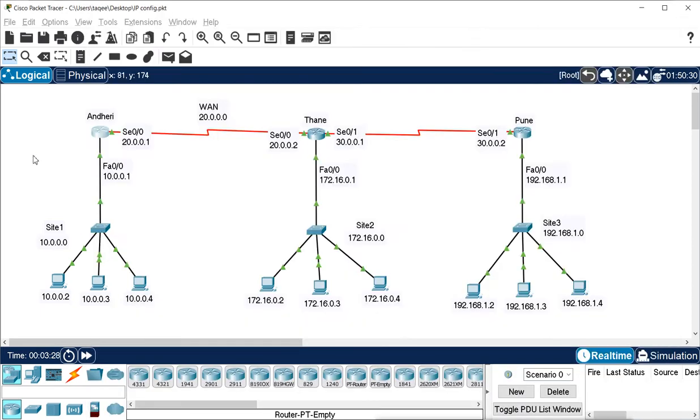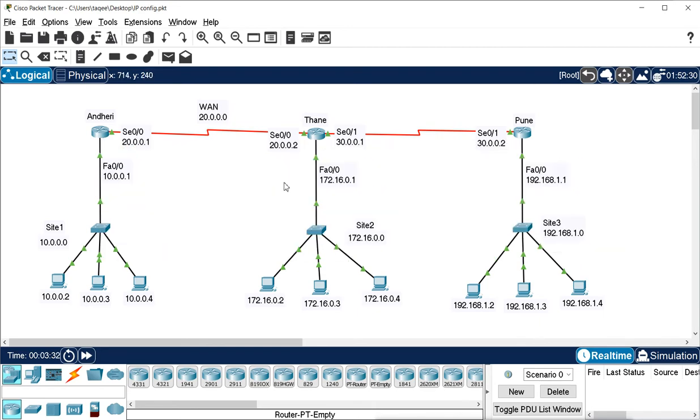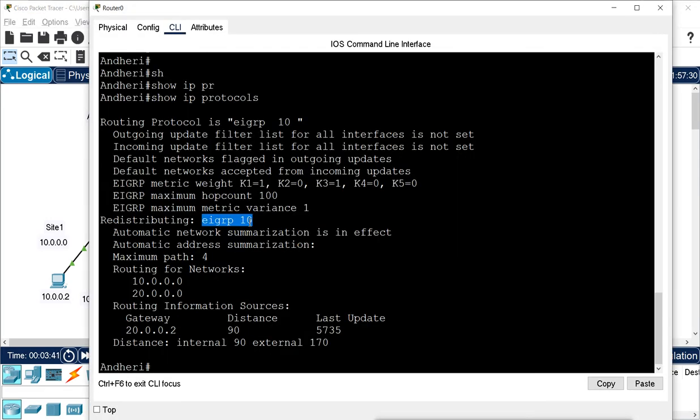That means if on one router we configure EIGRP, and on another router we configure RIP or OSPF, and we want routing between these two, we can do that by using redistribution. But right now it is doing redistribution with EIGRP autonomous number 10 itself.